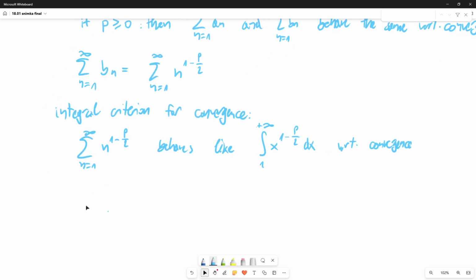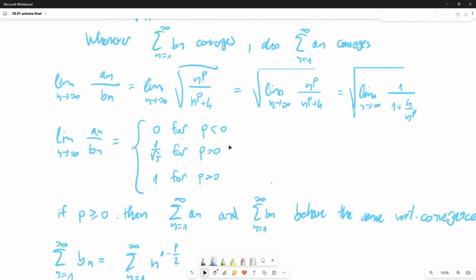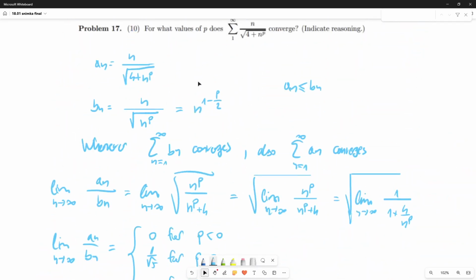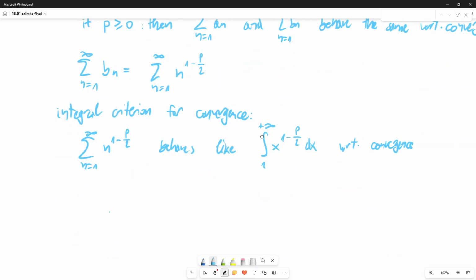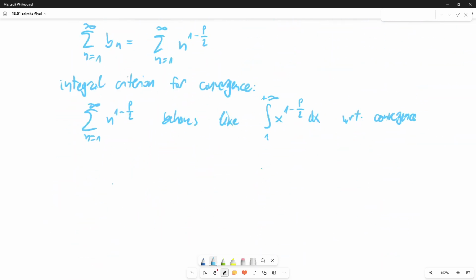So now, in order to check the convergence of this series, we will check the convergence of this integral. And then we will use our conclusion about the convergence of this series to conclude about the convergence of our original series. Let's calculate the integral.